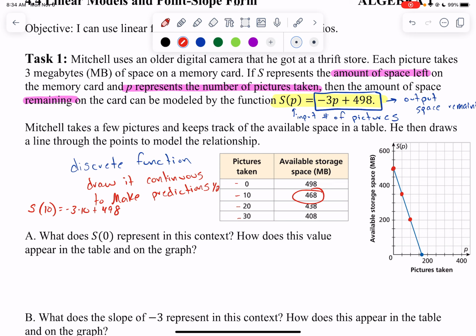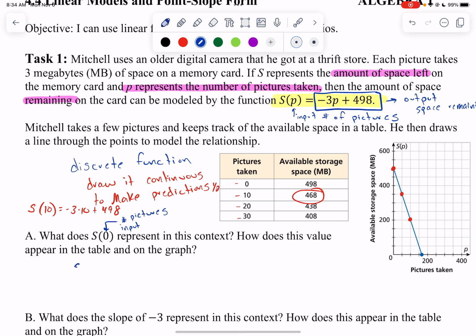Now we want to say, what does S of 0 represent in this context? So S of 0 means 0 is the number of pictures. That's the input, number of pictures.